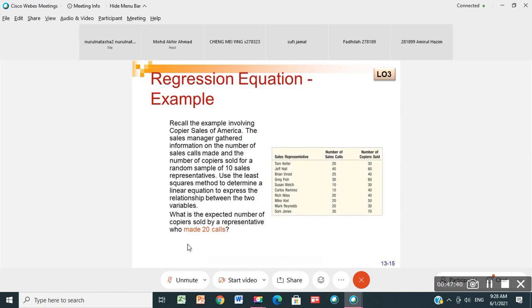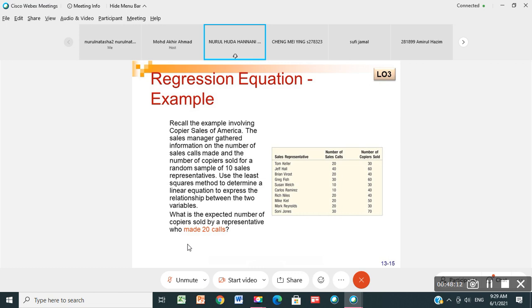The next step, we see the example. So for the example here, can I ask Nurul Huda Hanani? Yes, doctor. Please read slide 15. Recall the example involving copier sales of America.